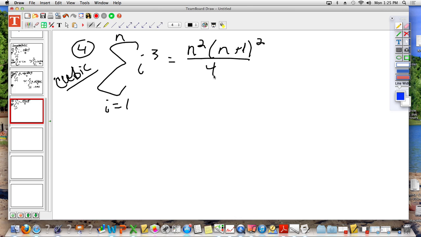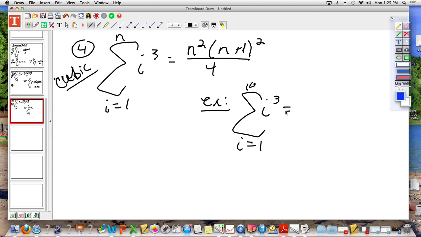So that's the rule. I'm going to give you a quick example. Let's say that I'm having you calculate everything from 1 to 10 of i cubed. And we're going to use that rule.